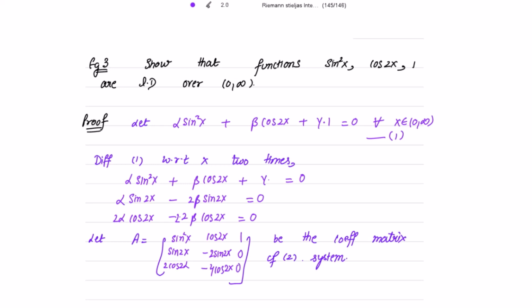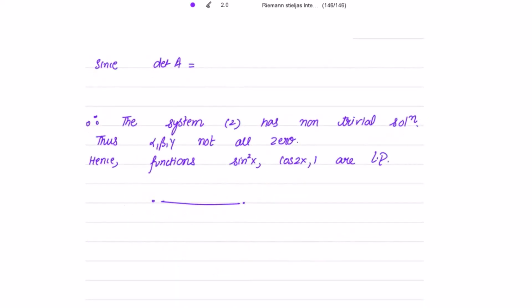Find out the determinant for this matrix, and that determinant comes out to be negative 4 sin 2x cos 2x plus 4 sin 2x cos 2x, cancelled. Solve the determinant, you will get this finally, and then they cancel out each other. You get that determinant A is equal to 0.